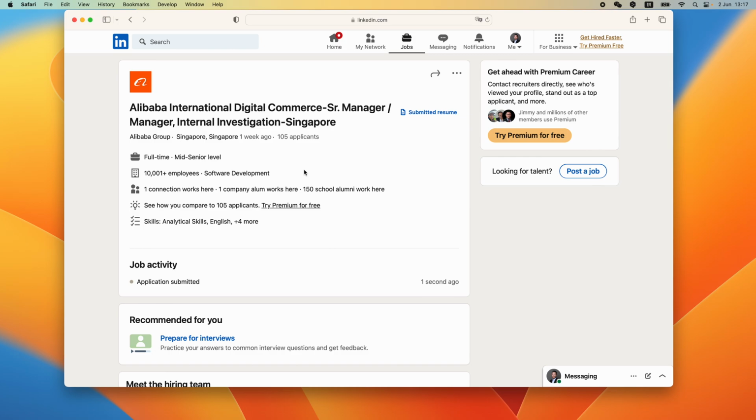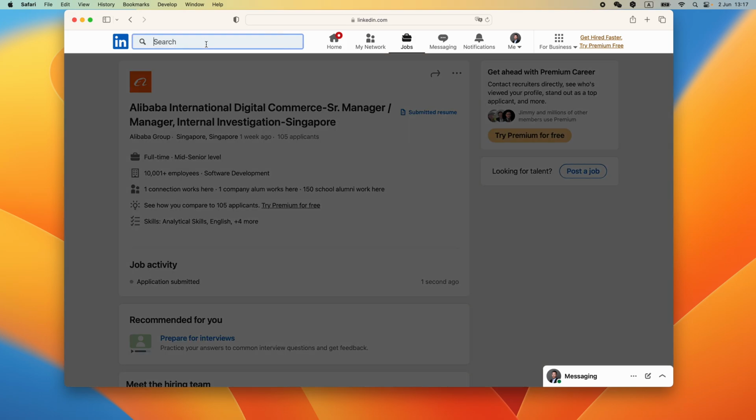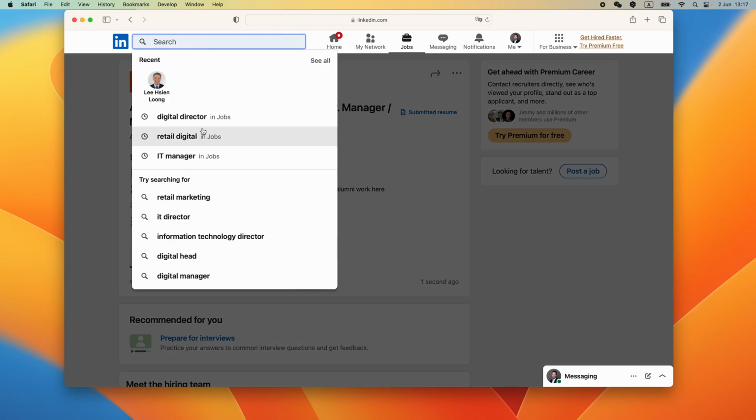Let's see the position at Alibaba International Digital Commerce, Senior Manager, Internal Investigation, Singapore. I think I found this position by the keywords digital director, retail.